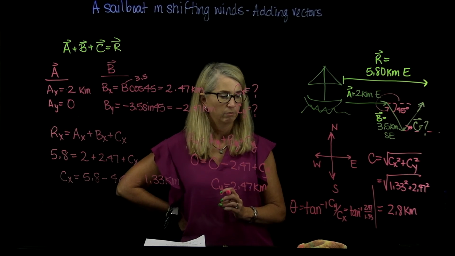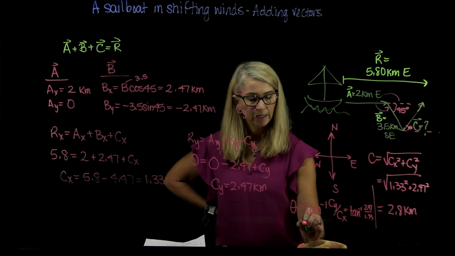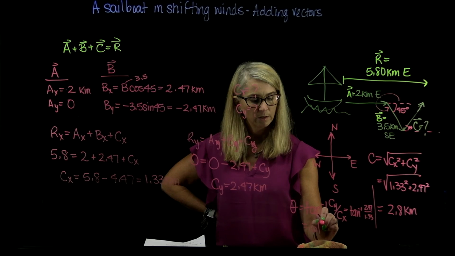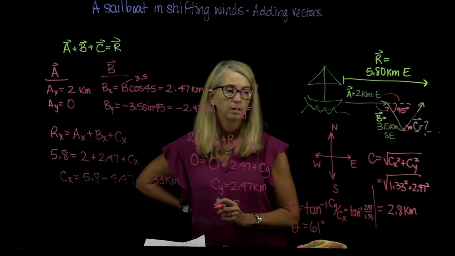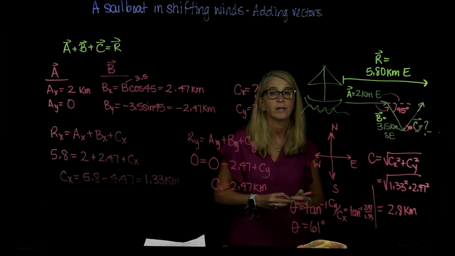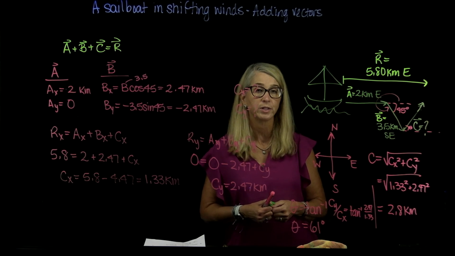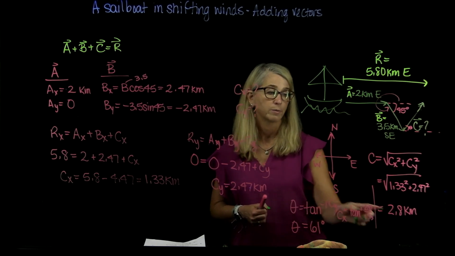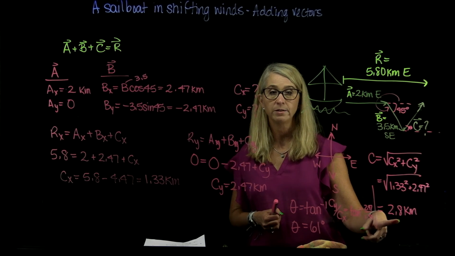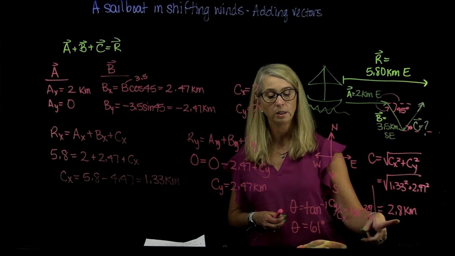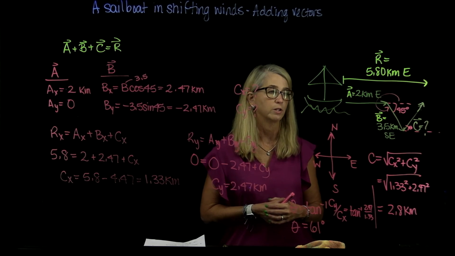Put in the numbers there, and what our angle ends up to be is 61 degrees. So now I have actually found the complete expression for vector C. I need to specify how big it is. It's 2.8 kilometers long, and it points at an angle of 61 degrees.